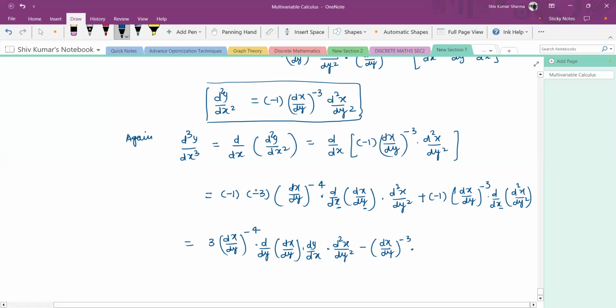So we write this as d upon dy of d square x upon dy square into dy upon dx.